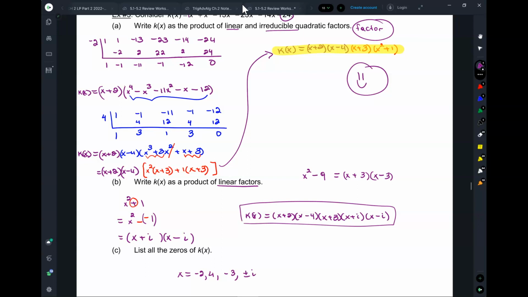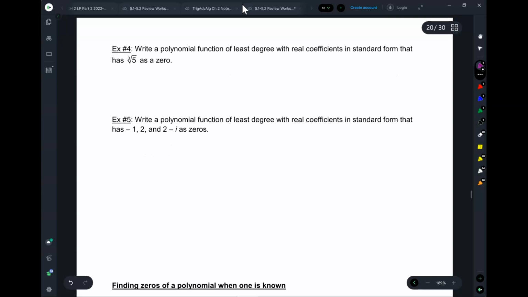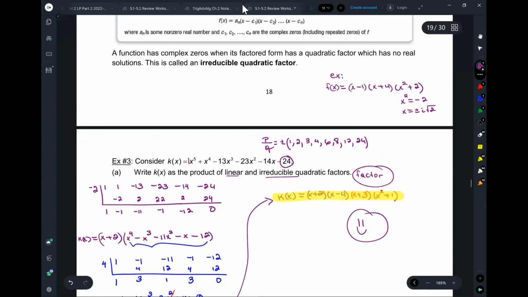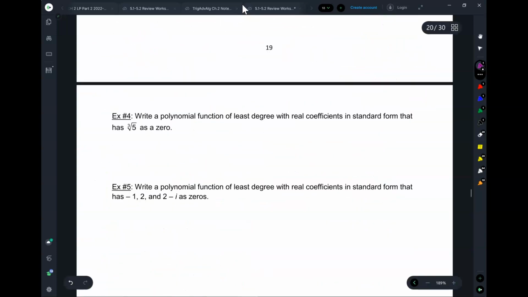Oh, you can't, not from the graph. Well, I guess you can know because it's x to the 5, so you should have 5 total zeros, but on the graph there were only 3. So you know there are 2 more which are imaginary, but you don't know what they are.